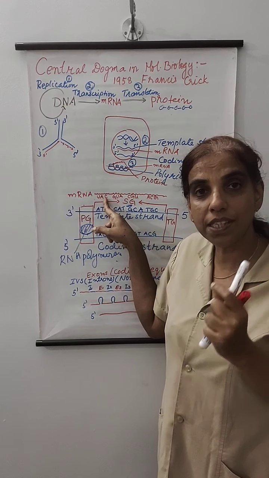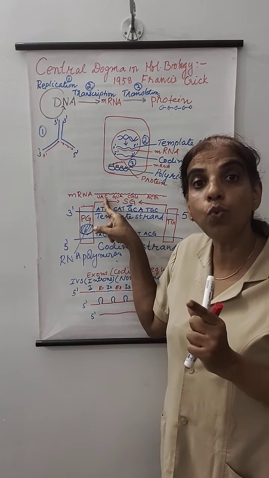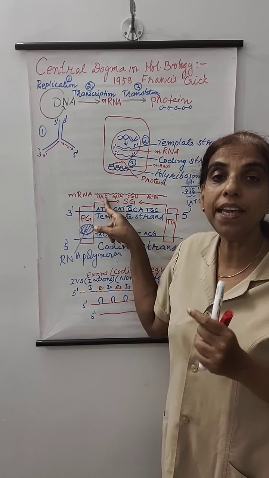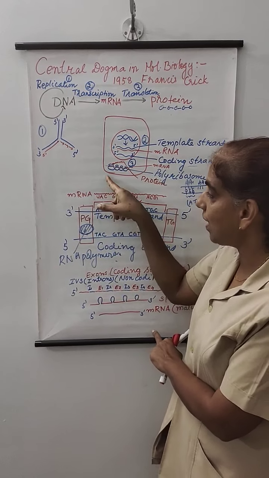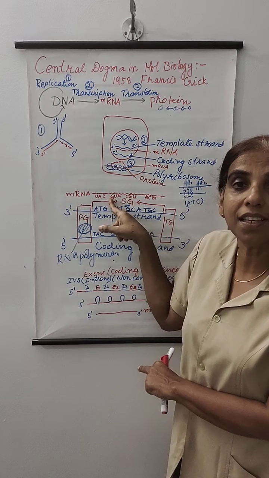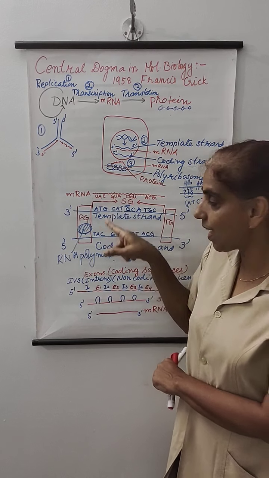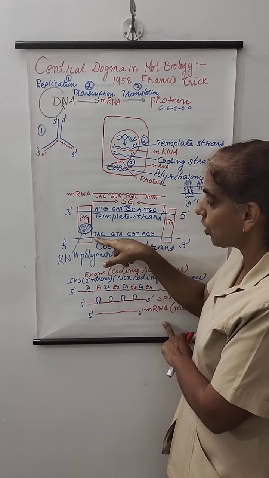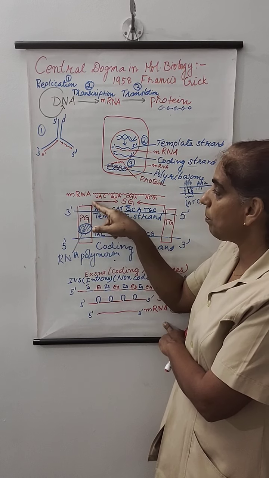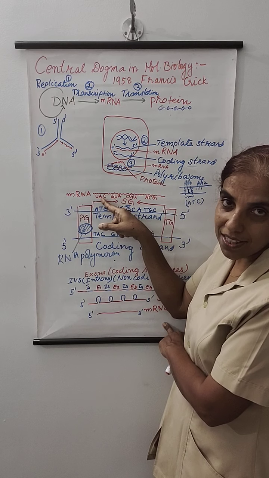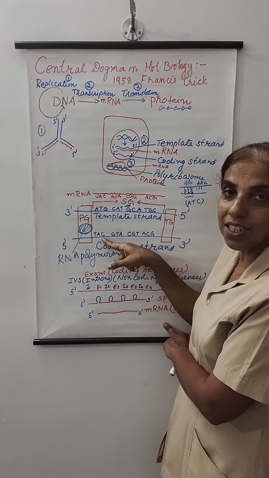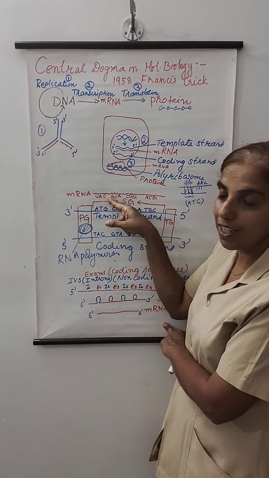So when we synthesize messenger RNA, always uracil will take the place of thymine. So you can see the similarity between this particular messenger RNA and the coding strand. Thymine is replaced by uracil. Adenine is the same as adenine. Cytosine is the same as cytosine.